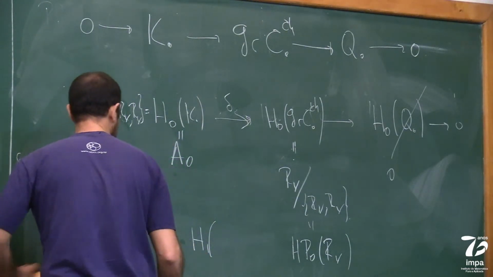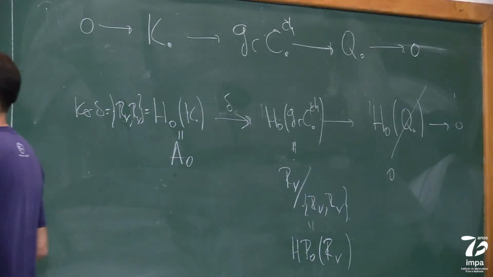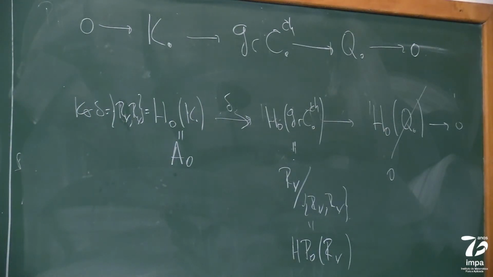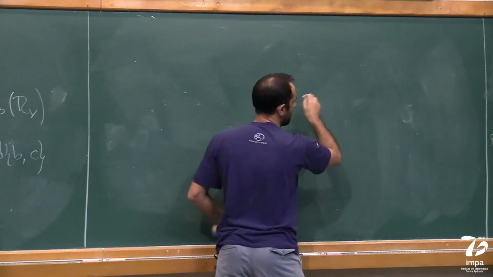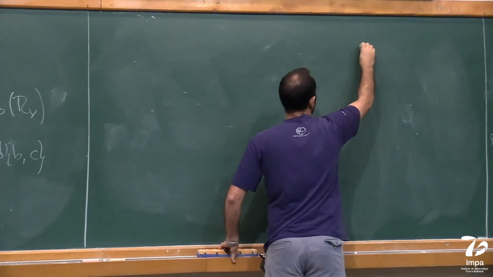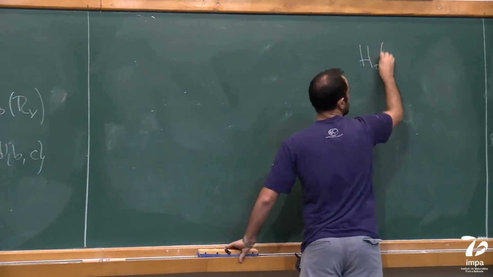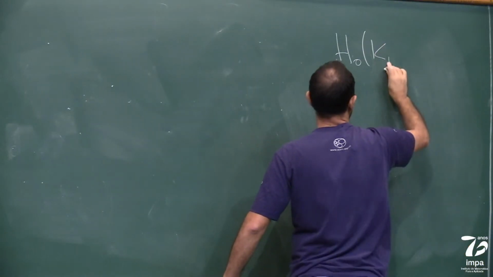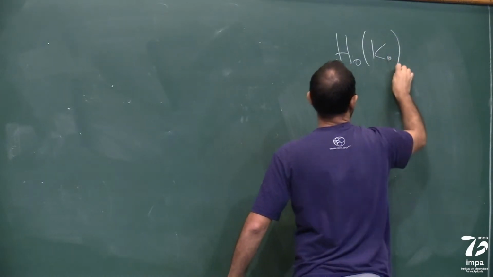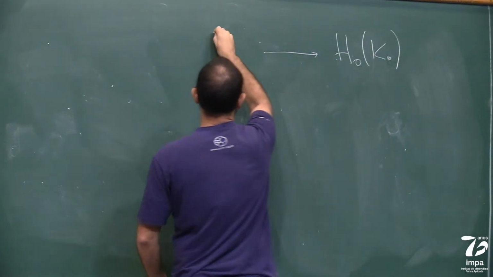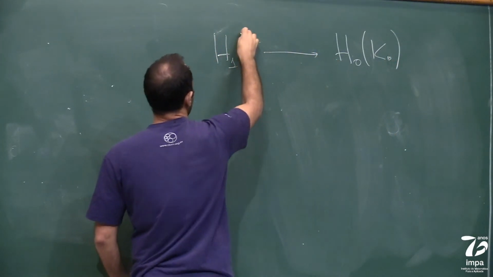Let me write this on a different board. The long exact sequence in homology will continue with H0 of K dot, and this receives a map from H1 of the quotient.